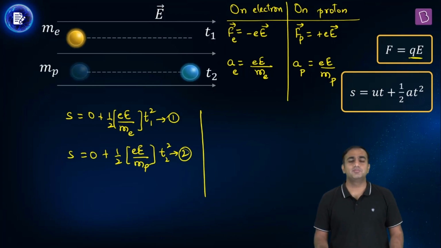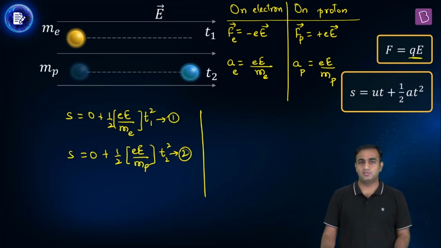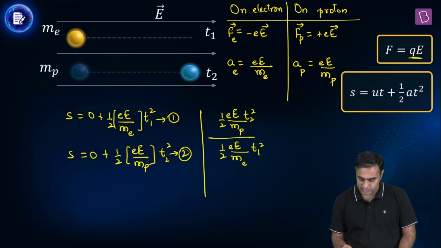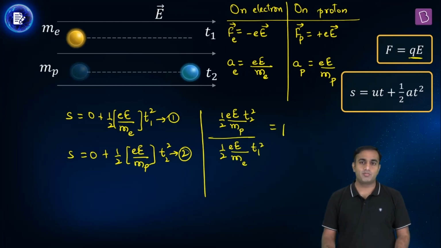What do we need? The ratio of T2 to T1. So, if you take the ratio of these two equations, you get half small e capital E divided by MP, T2 square, divided by half small e capital E divided by ME, T1 square, equals 1.